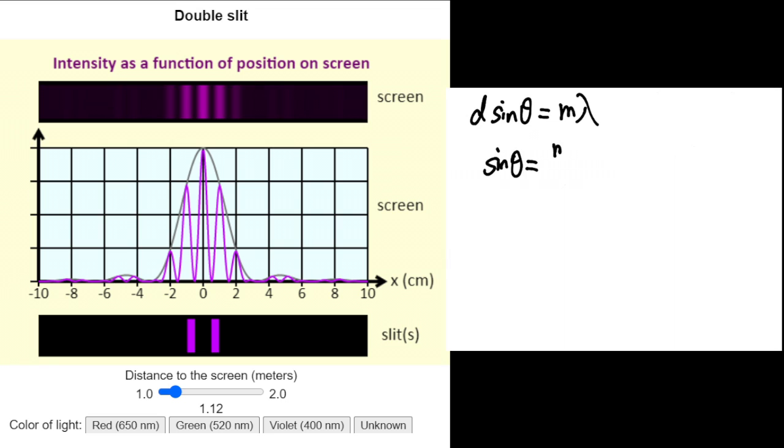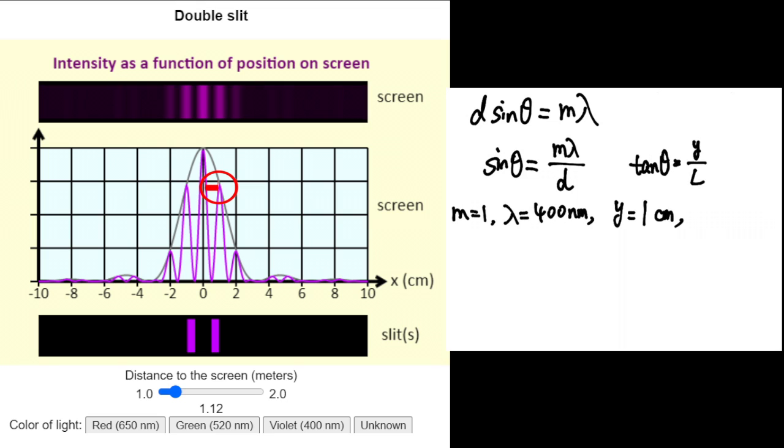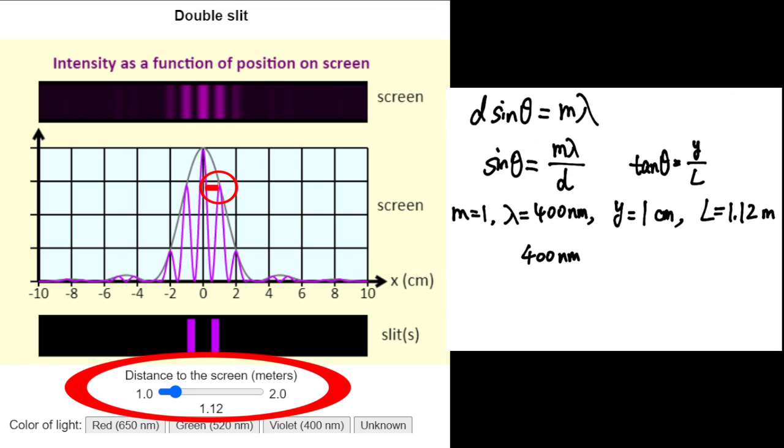We look at the first constructive interference, the first peak, m equals 1, and lambda is the wavelength of the violet laser, 400 nanometers, and the distance from the center of the pattern is y equals 1 centimeter, L is the distance to the screen, 1.12 meters, so we can solve for d.